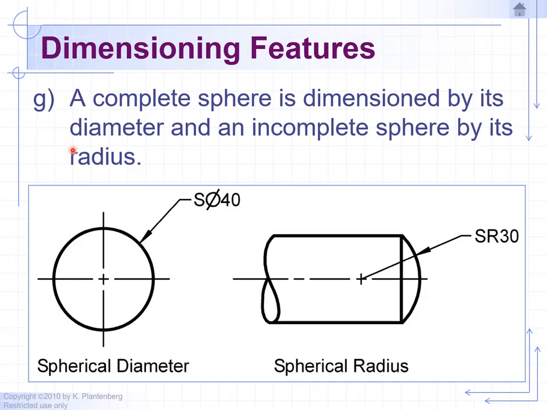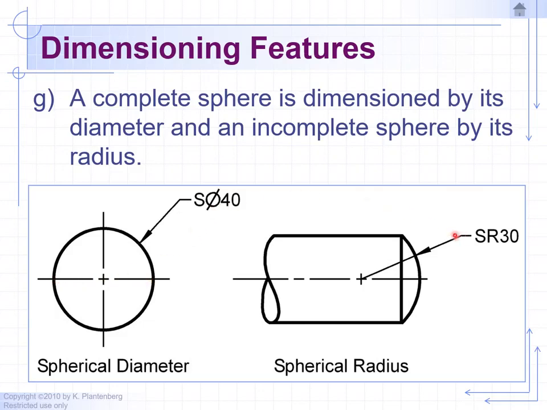Okay, a complete sphere is dimensioned by its diameter, and an incomplete sphere is measured by its radius. One simple example is if you play pool, the spherical balls, right? You dimension it with a spherical diameter. So here we have a spherical diameter of 40 units, measuring all the way across.